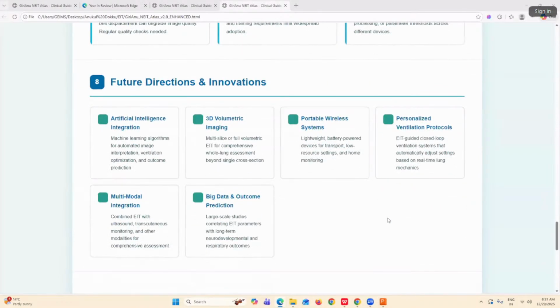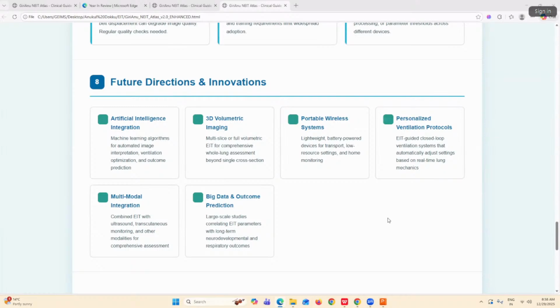Future directions: artificial intelligence integration, with machine learning algorithms for automated image interpretation, ventilation optimization, and outcome prediction, is a future goal. And 3D volumetric imaging. At present we have 2D tomography.